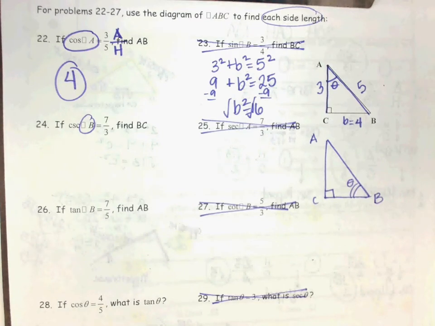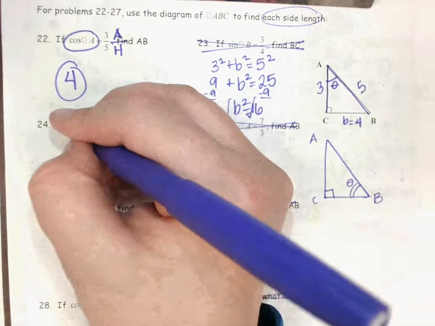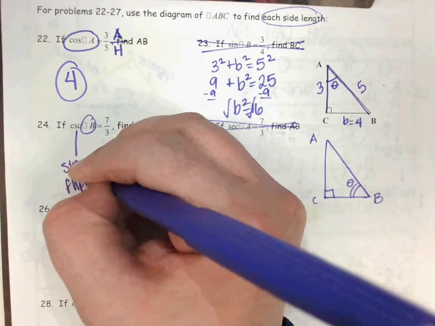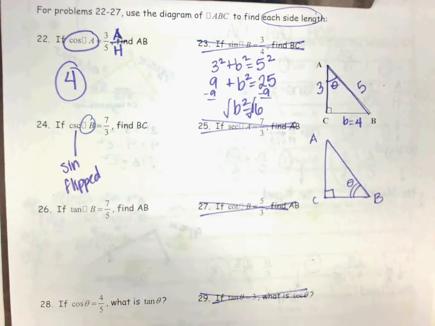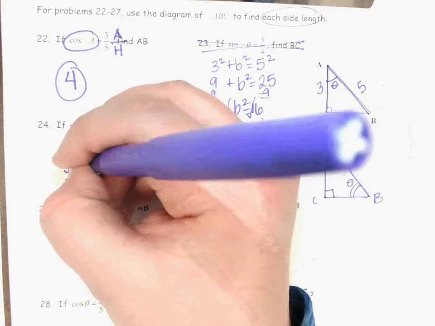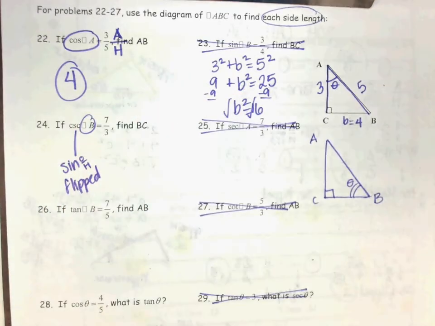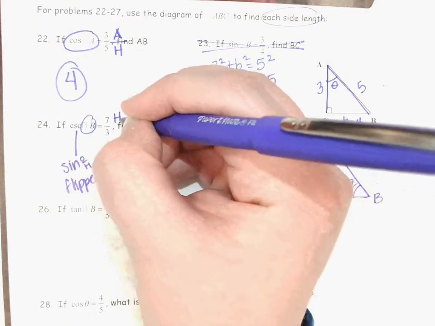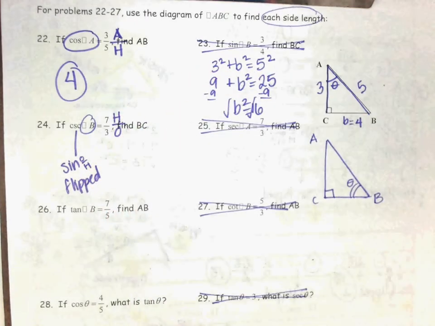And then what is the side ratio for cosecant? Who do I flip? Sine. Very good. That is sine flipped. So if sine is opposite over hypotenuse, then what is cosecant? Hypotenuse over opposite. Good job, Faye.